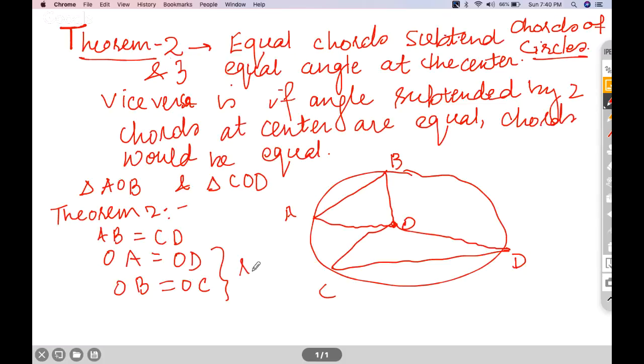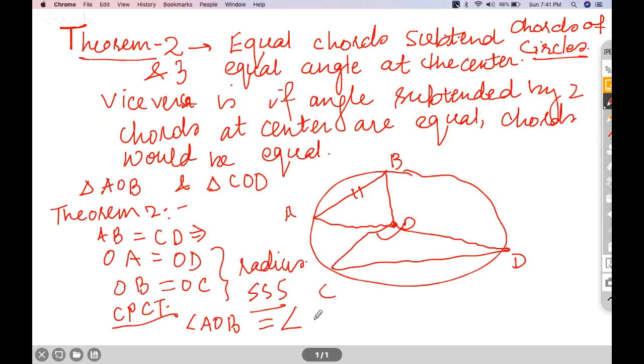These two are radii. So hence side congruency is there, and by CPCT, the angle opposite to equal sides would be equal. Opposite to AB, angle AOB is there, and opposite to CD, angle COD is there. So angle AOB is equal to angle COD.